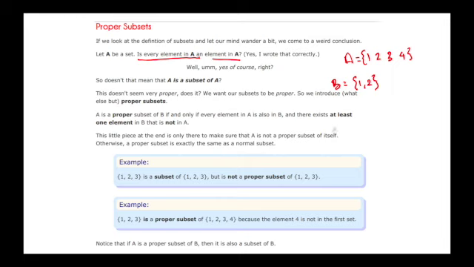Now let me ask you a question. Is every element in B in the set A? Yes. Is every element in A in the set B? No, right? So we could say here that B is a subset, and this is a proper subset of A.